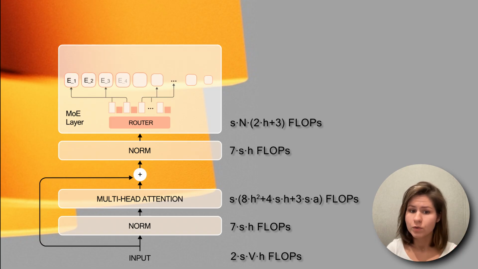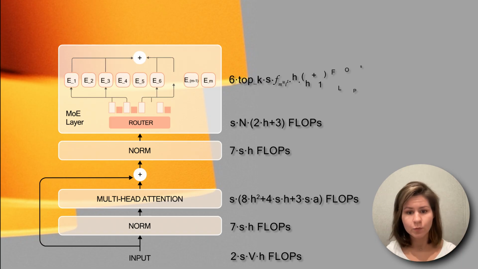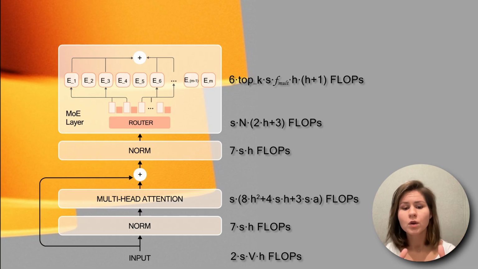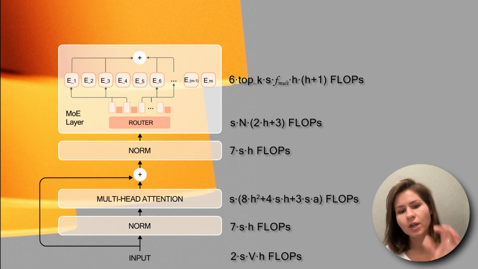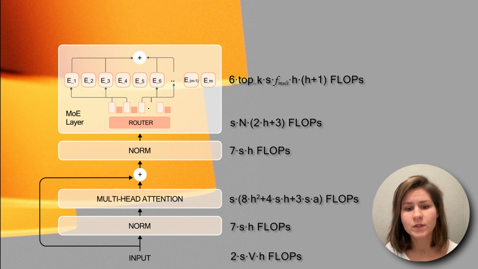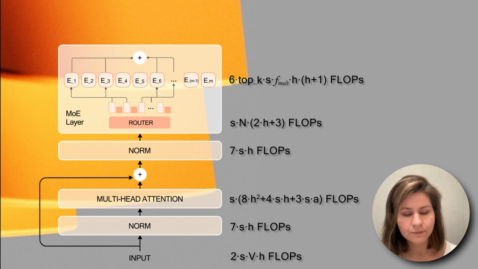After that goes the experts. In the experts, in the first part of the equation, we account for how many FLOPs it takes to perform linear transformations. The second part accounts for this GeGLU nonlinearity. Check out the block for why it is exactly 6 top K S F multiplied by H FLOPs.